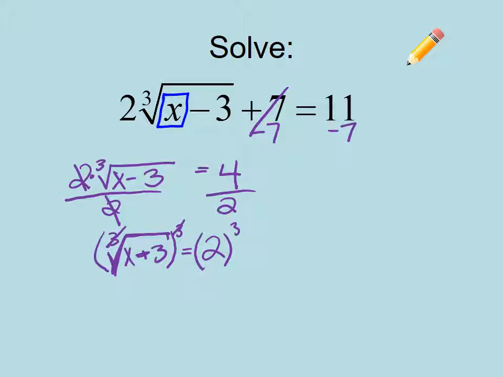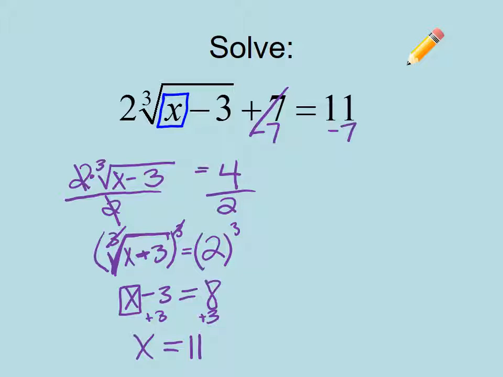Cubing a cubed root cancels, and I'm left with x minus 3, or whatever's under the radical, bring that down. And 2 cubed, if we use our chart, is 8. Last step to get x by itself is to add that 3 over, and we end up with x equals 11.